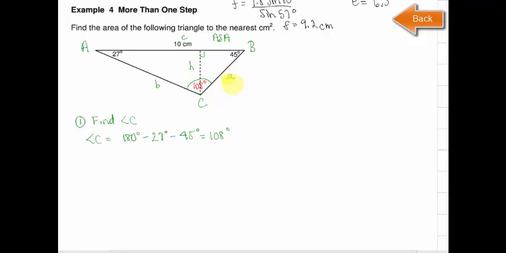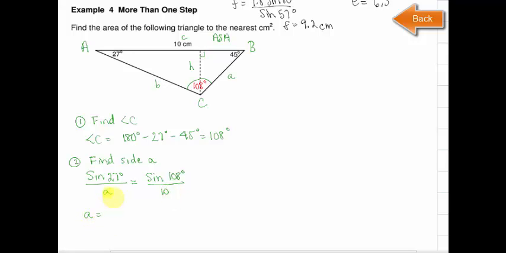Okay, so my second step then is to find side A. Alright, so I have the sine of angle A, which is 27 degrees, over side A, and that's equal to the sine of angle C, which is 108 degrees, over side C, which is 10. And I'm going to do my shortcut again.